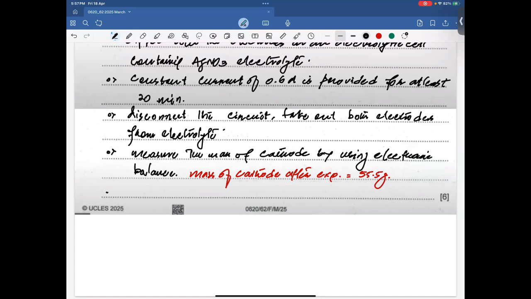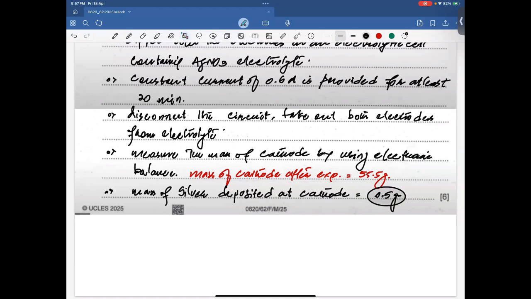So mass of silver deposited at cathode would be 0.5 gram. And that is the answer examiner was looking for.